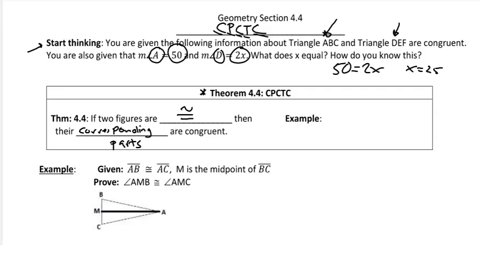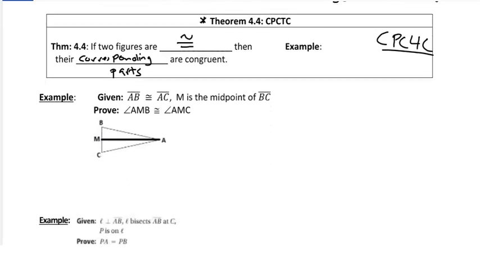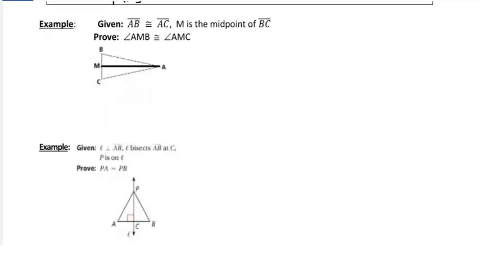So I could say corresponding parts of congruent 4Runners are congruent. It's basically saying if you know the whole object is congruent to another whole object, then their parts must be congruent.